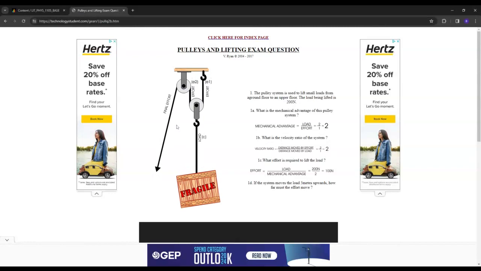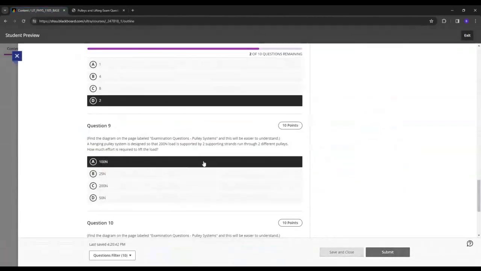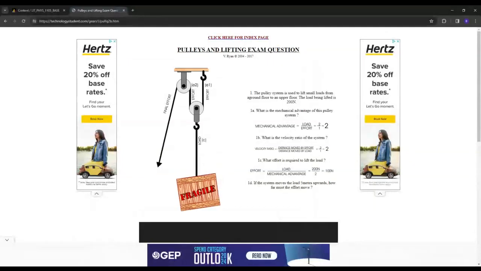So keep in mind that our force basically is going to be split or duplicated across these ropes. So if I pull with, say, 100, then I get 100 here and 100 here, which would pull with the right total. If you weren't sure on that process, then again, it is worked out. Use the load or the force you're working against divided by the advantage. And there we go.